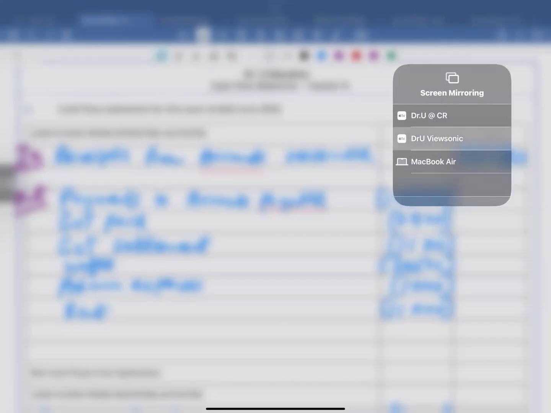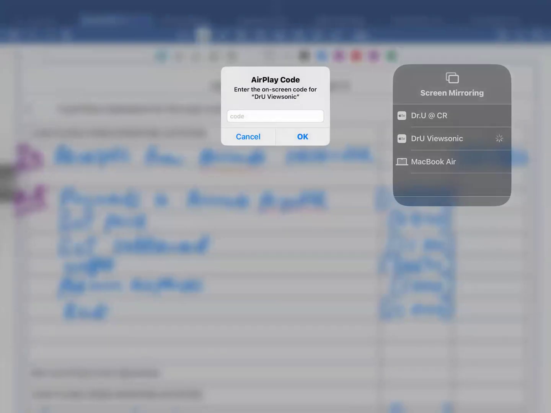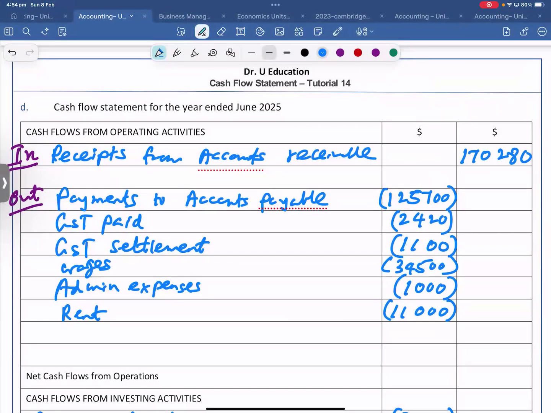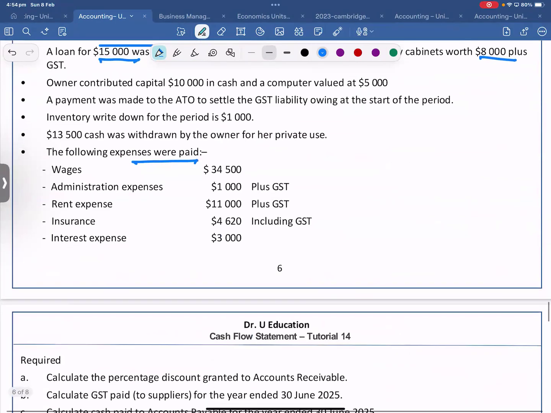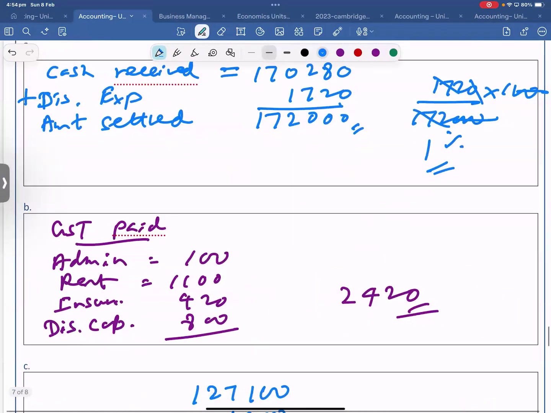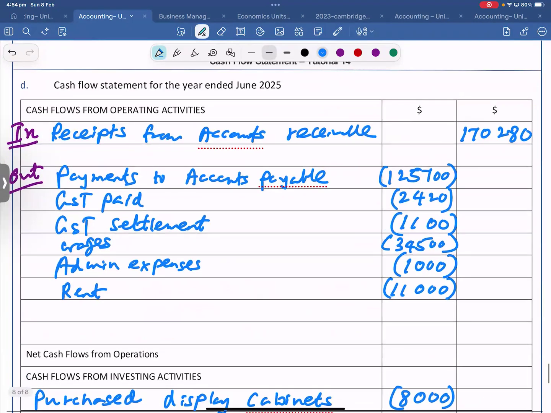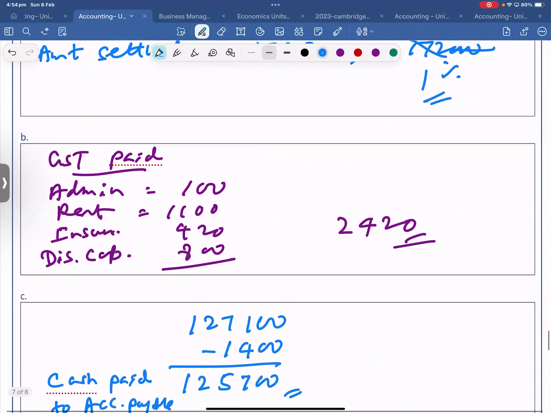I think 29. Insurance, that was including GST, 4,200.